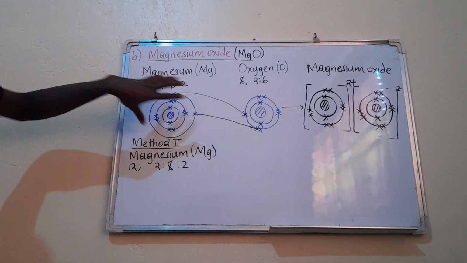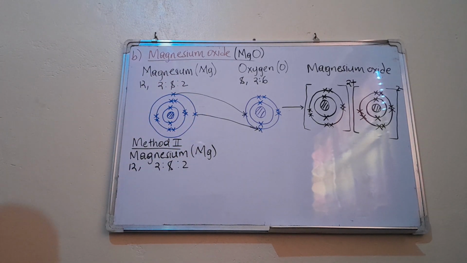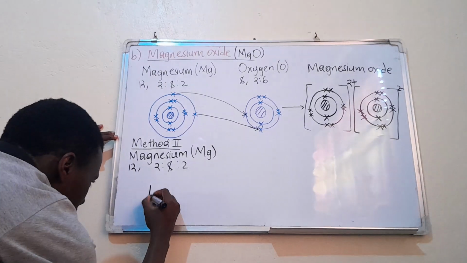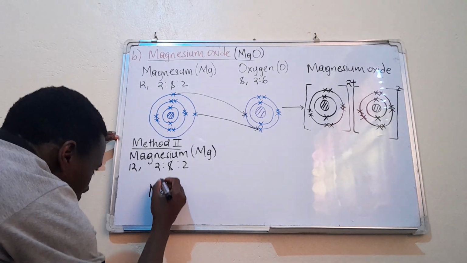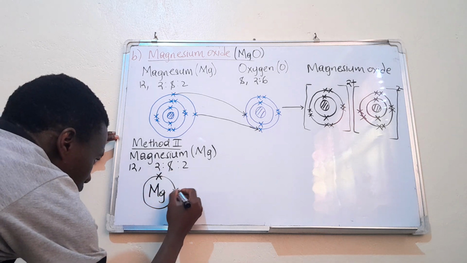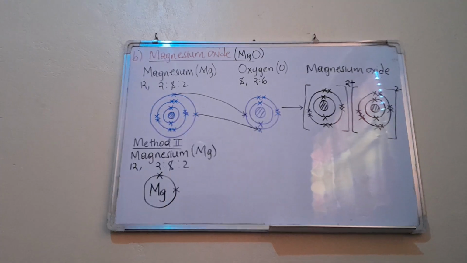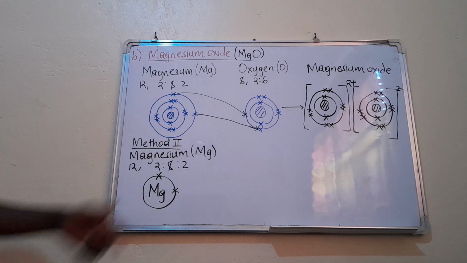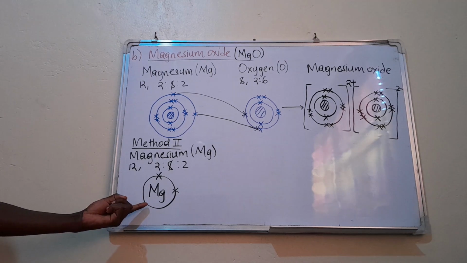Only electrons on the outermost shell are the ones which bond, when they are unpaired. So I can summarize this electronic structure of magnesium by having Mg with 1, 2, because I only need the electrons in the outermost shell.